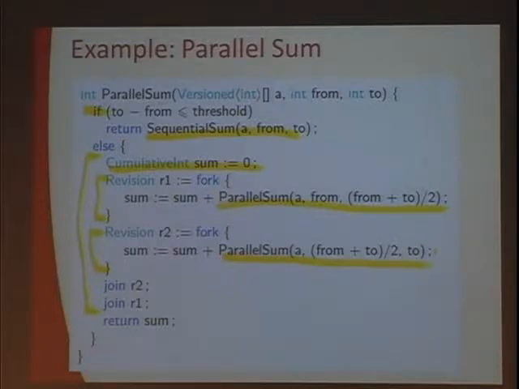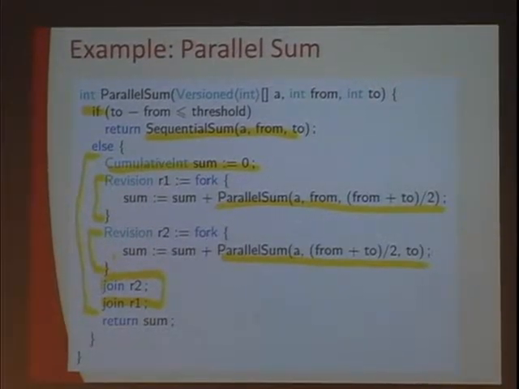The sum variable is the special version variable, so it has a unique version for each revision. When we join these revisions, there's an automatic merge of the sum variable that does what you'd expect. It merges the results. It's an accumulator, and it accumulates. There's no special code I need.